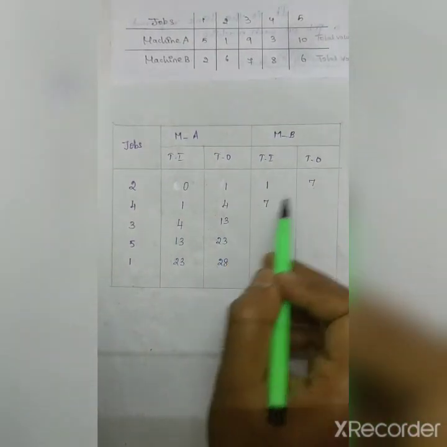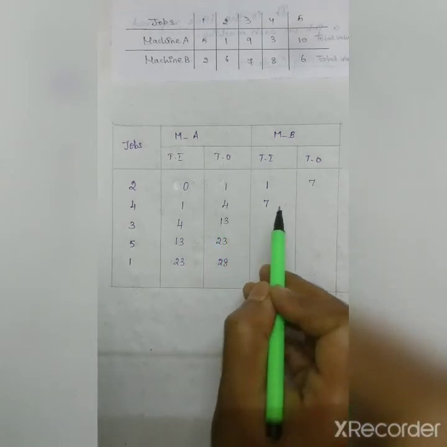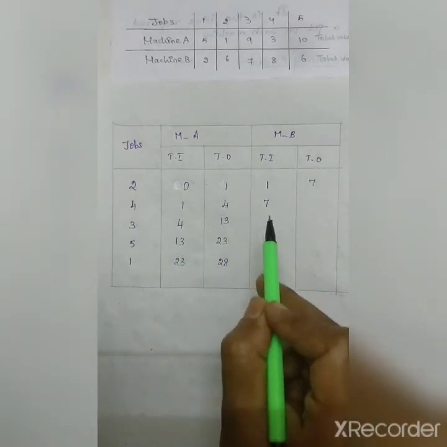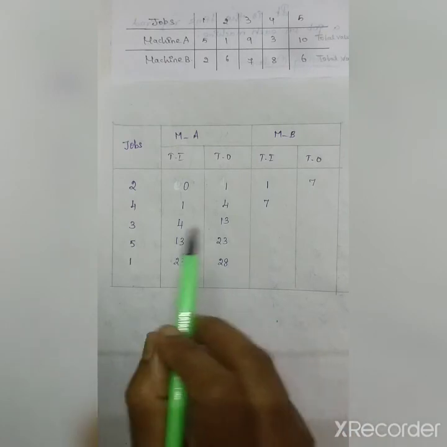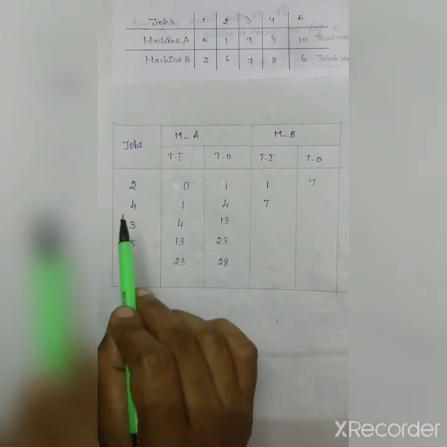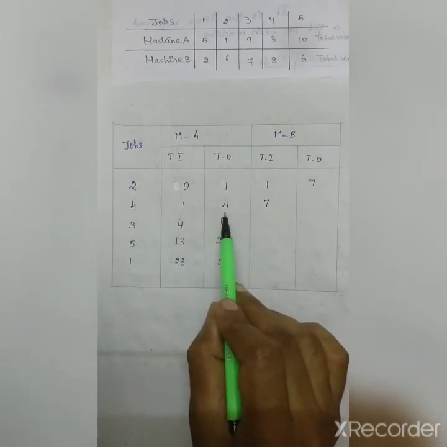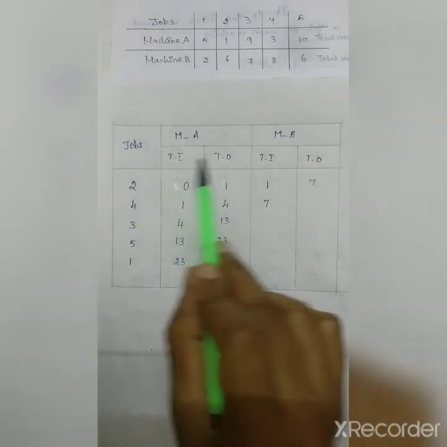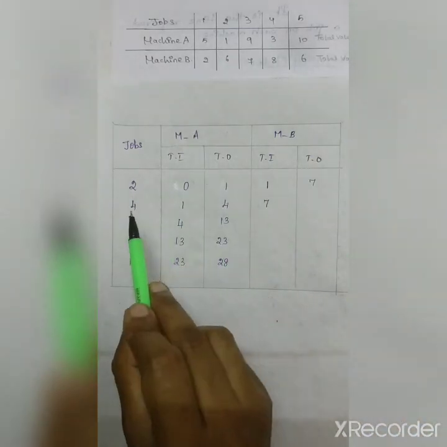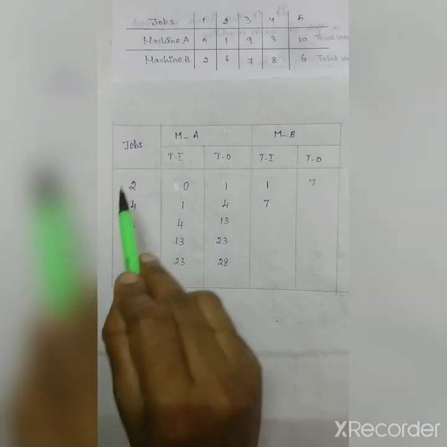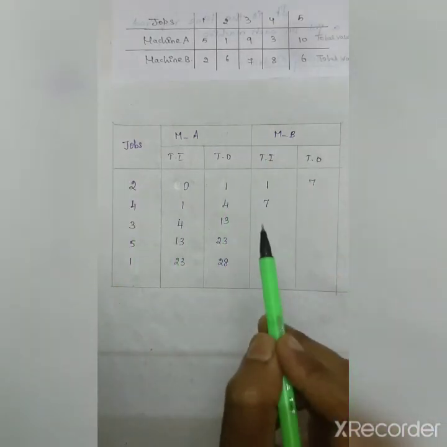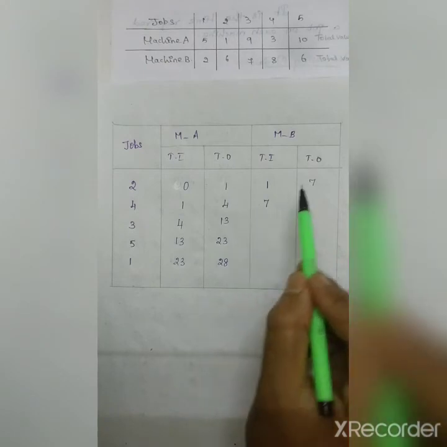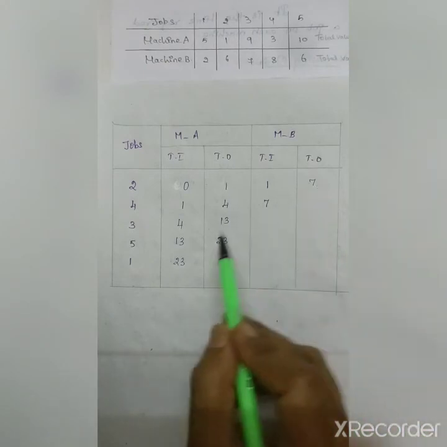Suppose here 7, here 9, means the time in for the fourth job is 9 only, because the fourth job is finished up to 4 hours. After finishing job 2 in machine B only should it appear, so you have to take the maximum number.